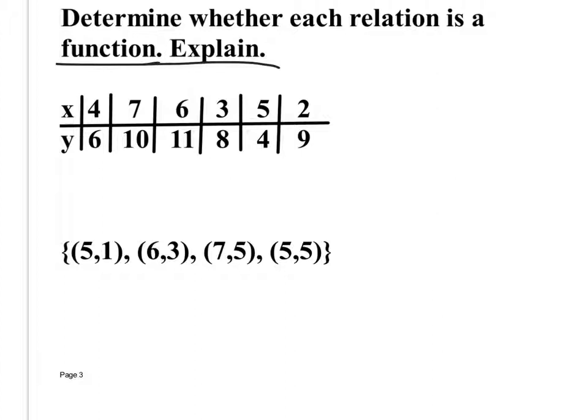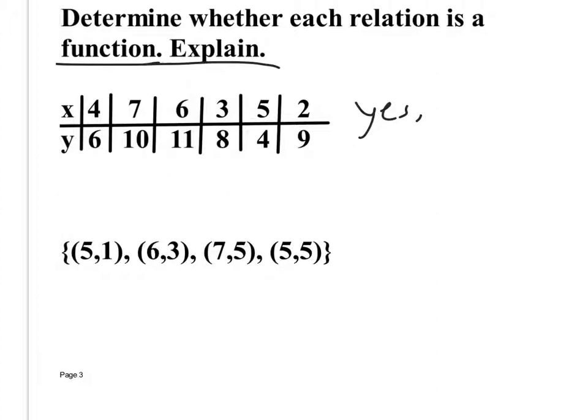William, is this a function? I'll say yes. Why would you say yes? Because all of the numbers pair up evenly. Okay. Because the domain is only paired with one of the range. Okay. Use the definition of a function.